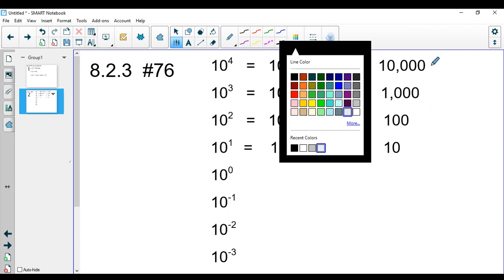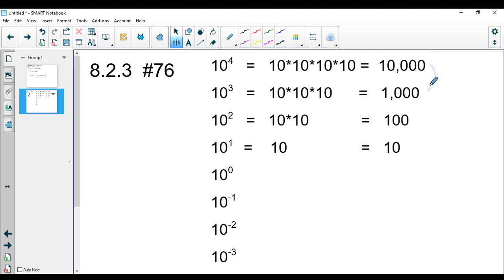If you notice, to go from 10,000 to 1,000, we can actually divide by 10. And to go from 1,000 to 100, you divide by 10.